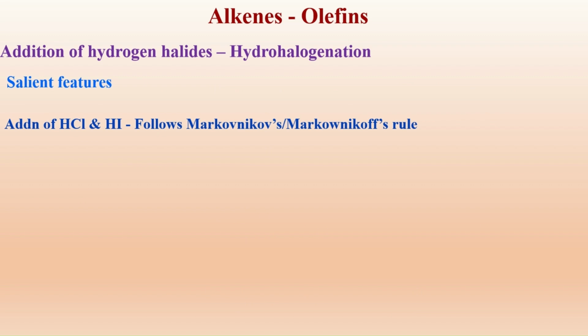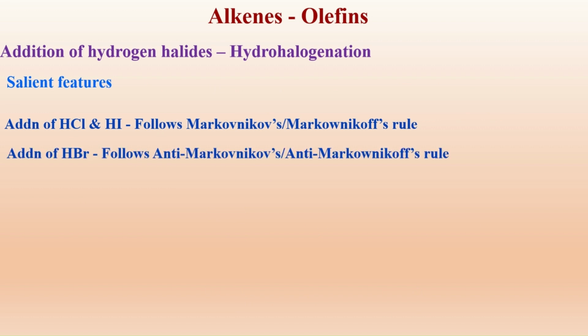As we know, hydrogen adds to the carbon which is least substituted, whereas addition of hydrogen bromide follows anti-Markovnikov's rule. That is, hydrogen adds to the carbon which is more substituted.